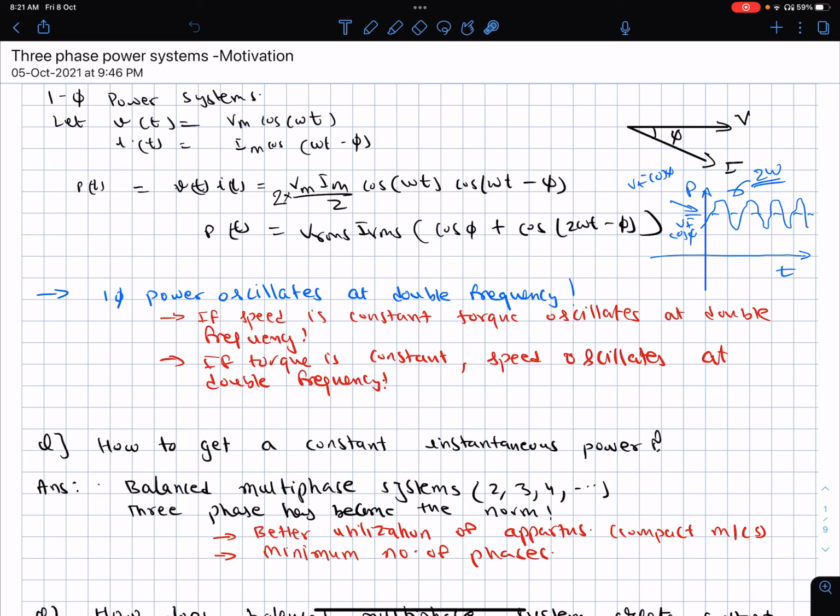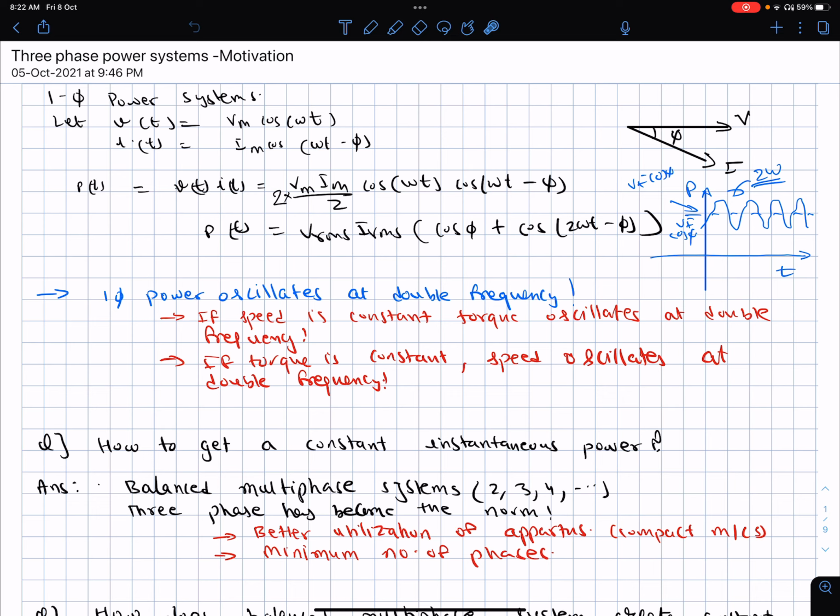So let me start with the recap that in a single phase system, let's say this is the reference voltage and the load is drawing a current which is lagging at a power factor angle phi, and then we calculate the instantaneous power, which is the product of the instantaneous voltage and current, and that will have a product term of cos omega t and cos of omega t minus phi.